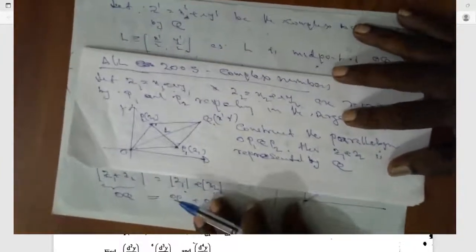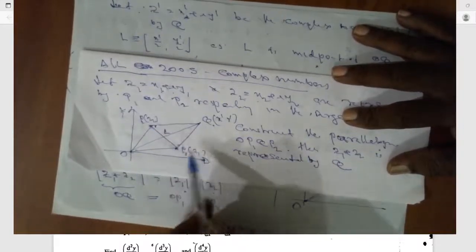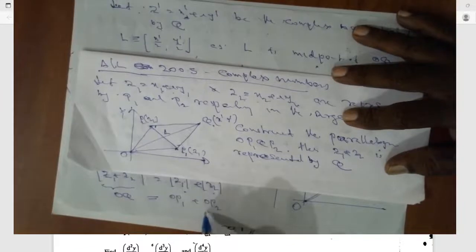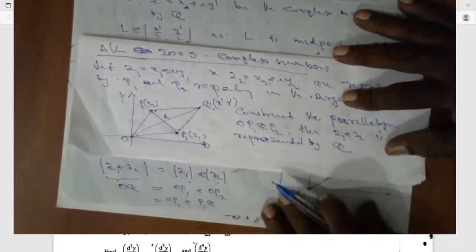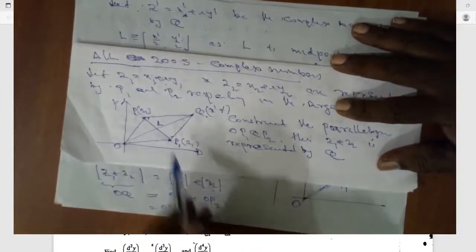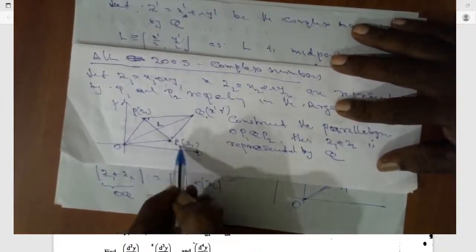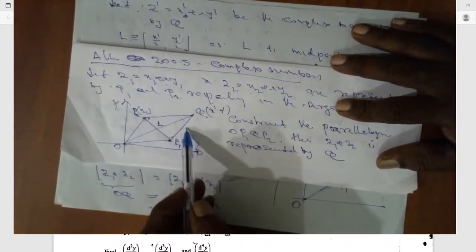Now if you compare with this diagram, OQ equals OP1 plus OP2, but OP2 equals P1Q, so this equals OP1 plus P1Q. Why is that? Because P1Q equals OP2, opposite sides are equal in length.